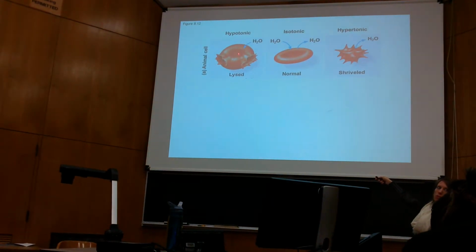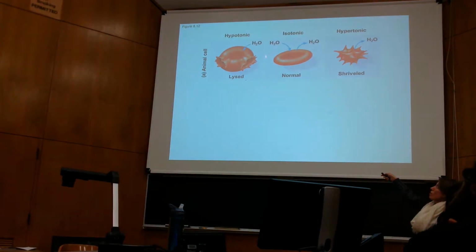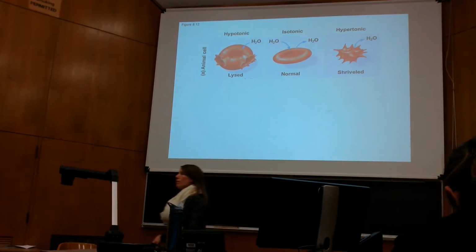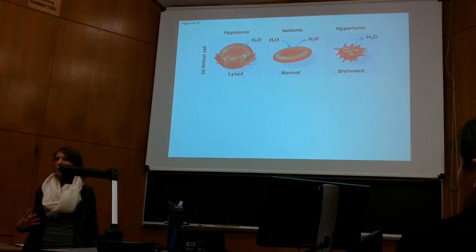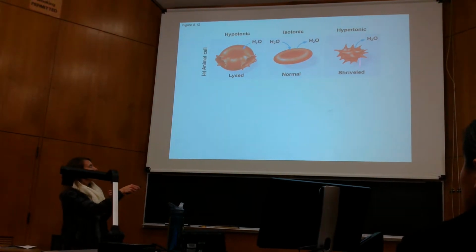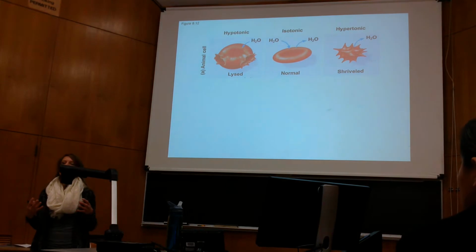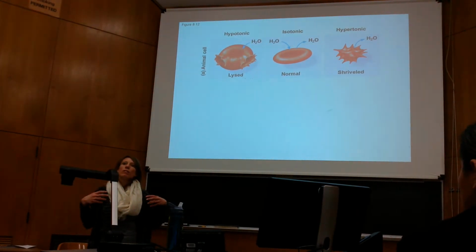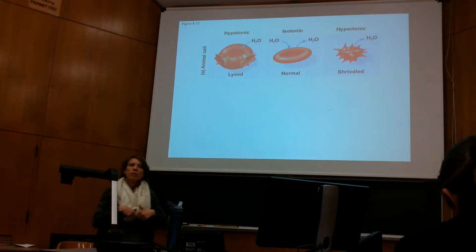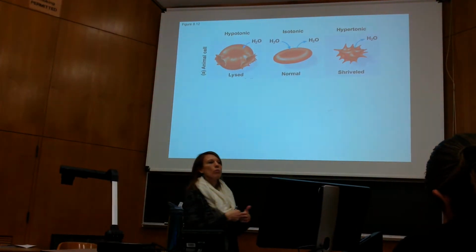So it will cause the cell to burst, and we call this lysing. So the cell is lysed. If we took this normal cell and dropped it in a hypertonic solution, it's going to shrivel up because all the water inside is going to go to the solution that has more solutes than inside the cell. So it becomes shriveled.